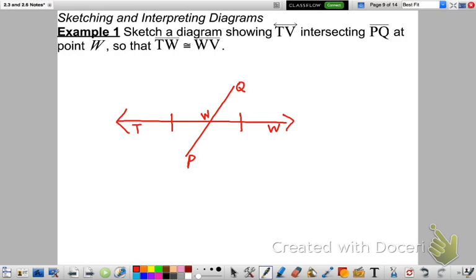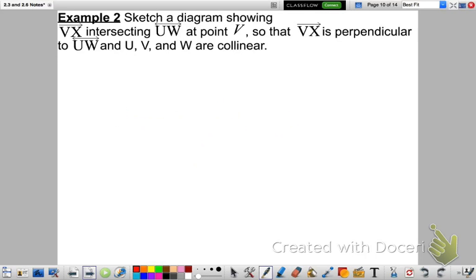So we have our line and our segment, and they intersect at a point, and then the little blue ticks show that T to W is congruent to W to V, and that should be a V. Okay, on to the next one.